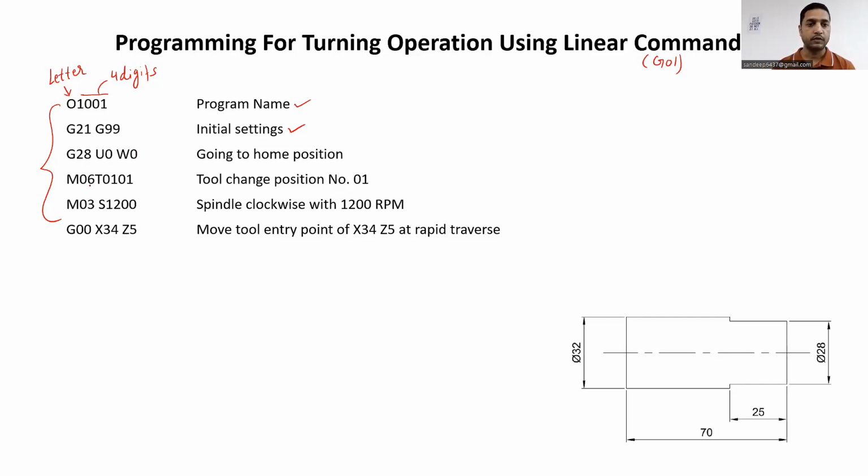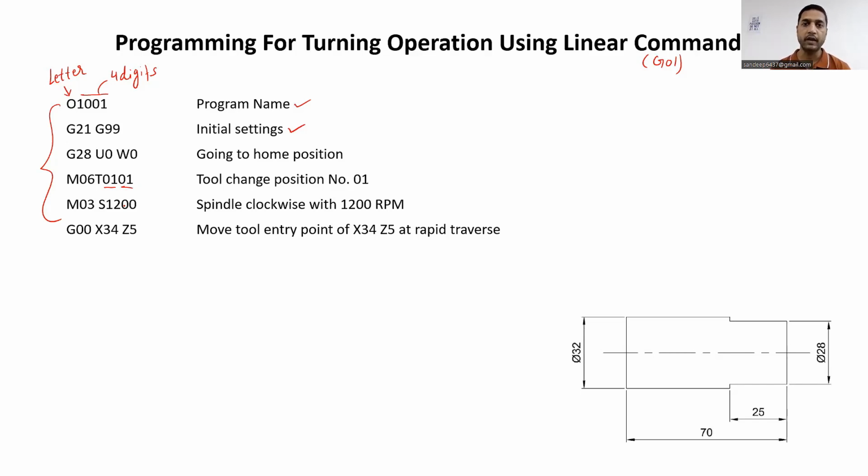And after that, we have M06, which is a miscellaneous code for tool change, T0101. After T, the first 2 digits represent the tool number and the remaining 2 digits represent the tool length offset. If you remember, I had explained already that immediately after the tool number, we need to specify the tool length offset because of the different lengths of the cutting tools in the tool turret or tool magazine.